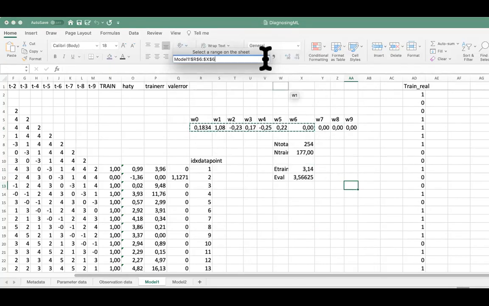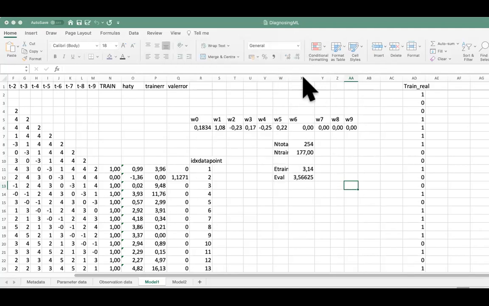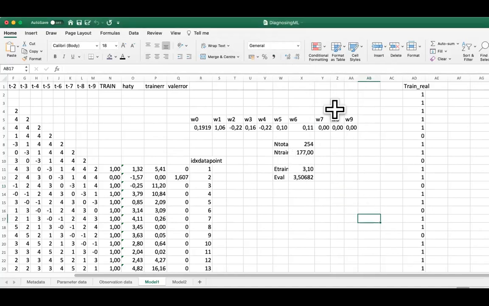I made this D too small. So let's now look again. Yeah, now it's reducing the validation error a bit. Not too much. Yeah, but a bit.